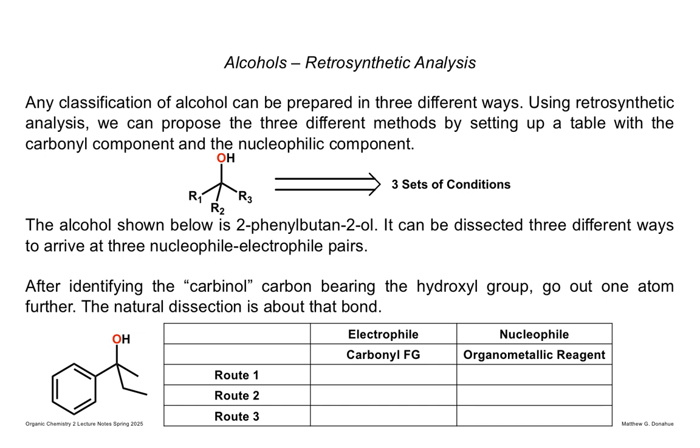So here's the thought experiment. We're going to consider a tertiary alcohol. So R1, R2, and R3 are all carbon. And so to the bottom left there, that's what we want to make. And conceptually, we want to think about what are the three pairs of electrophile, so that bears the carbonyl, and then the nucleophile, that's the organometallic reagent.